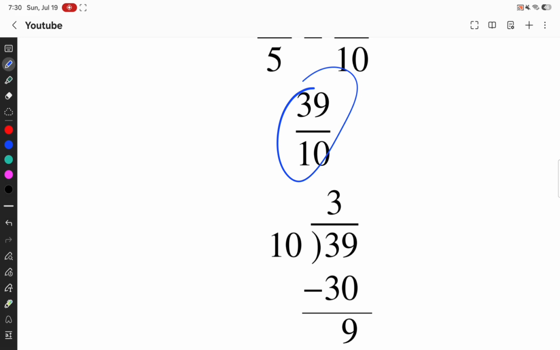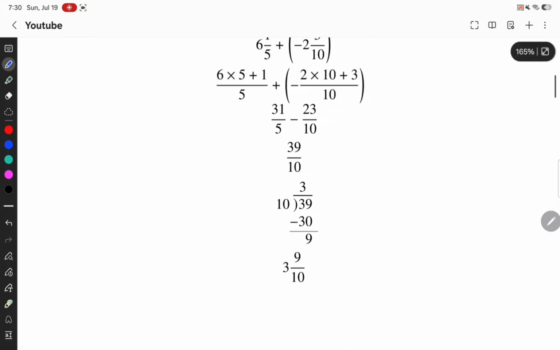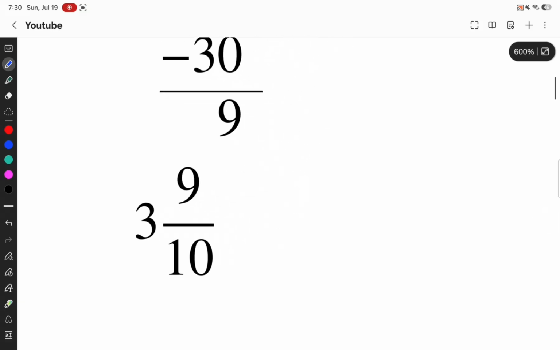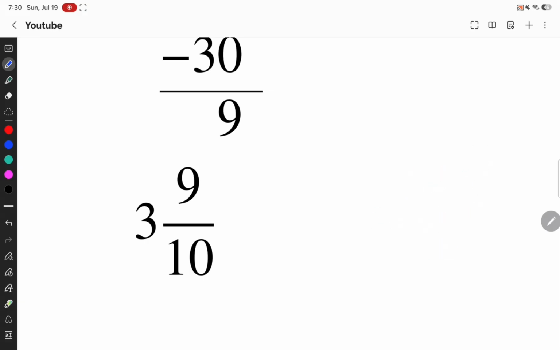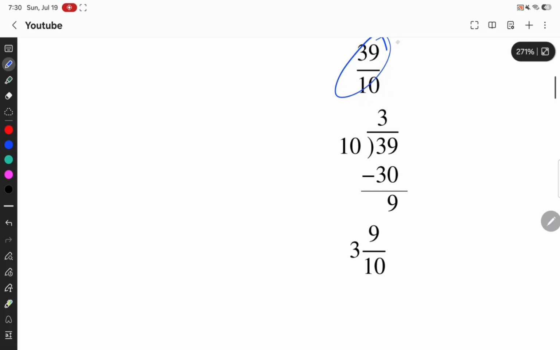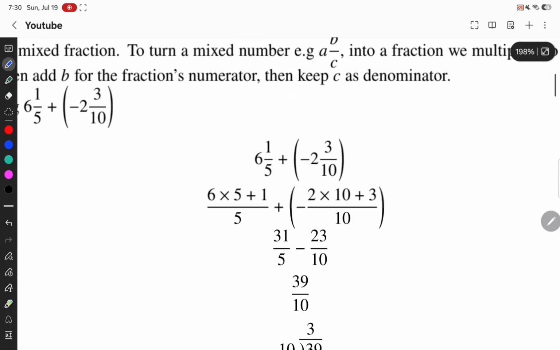I want you to mix it up. So you do the long division and turn it into a mixed number, like so. Very simple. If you want to verify that your answer is correct, you can do the process in reverse and see that indeed the mixed number you got is the one that we converted earlier. That's how you can check it yourself.